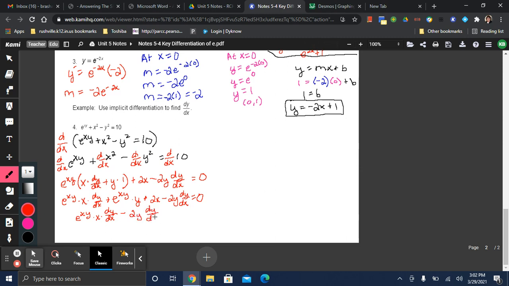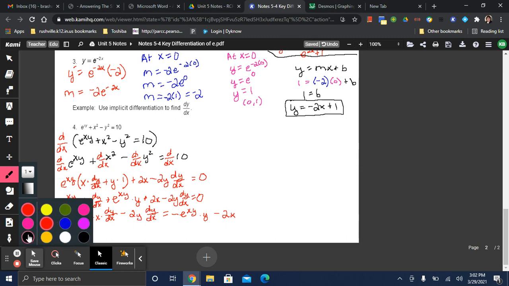And then I want to move to the other side, this term. So subtracting it over, negative e to the xy times y. And I want to subtract over the 2x, so minus 2x.